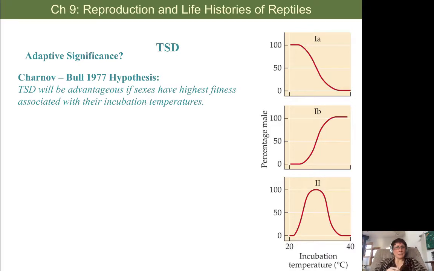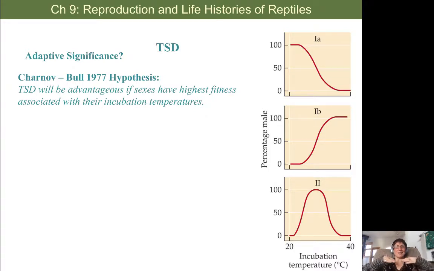So it's an interesting hypothesis, but up until recently, it's been a little bit difficult to test, because in order to test it, what you would need to be able to do is to produce offspring at both the high and the low temperatures, both males and females, and then track them over time to determine if their fitnesses are in fact different.